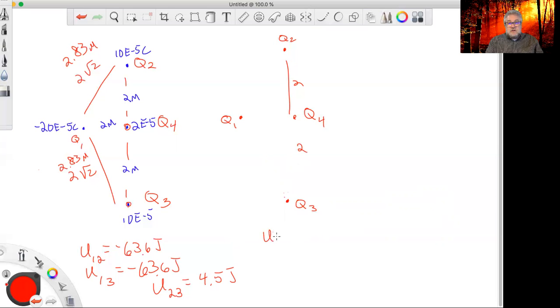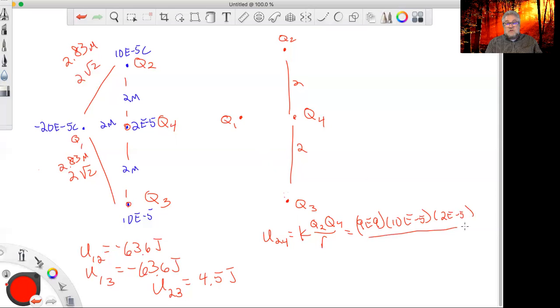So it's going to get U24, which is going to be K Q2 Q4 over R, which is going to be the same as this one because Q3 and 4 are the same charge and at the same distance. But it'll be 9 times 10 to the 9th times Q2, which is 10 times 10 to the negative 5th, times Q4, which is 2 times 10 to the negative 5th, all over 2, because that's the distance here, 2 meters.